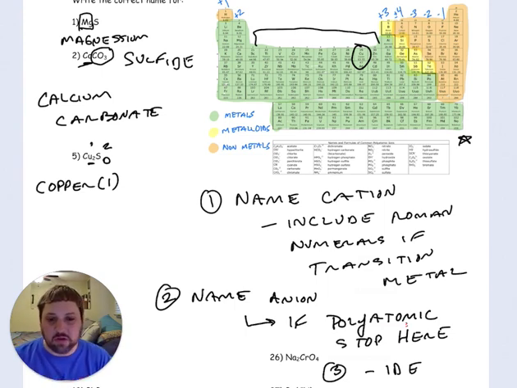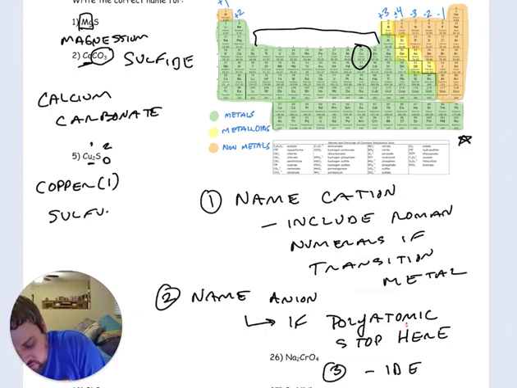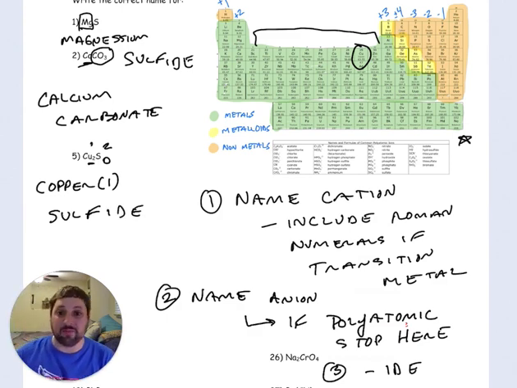It's just S, so it is not a polyatomic, so we're going to say sulfur, and we need to move to step 3, so sulfur becomes sulfide. So we have magnesium sulfide for number 1, calcium carbonate for number 2, and for number 5, copper 1 sulfide. Okay, and those are the steps that you are going to utilize to take formulas and create names.